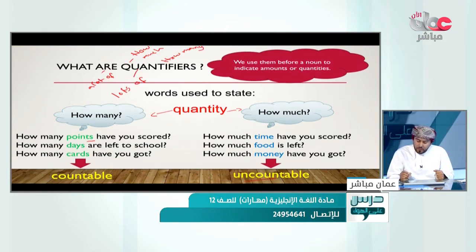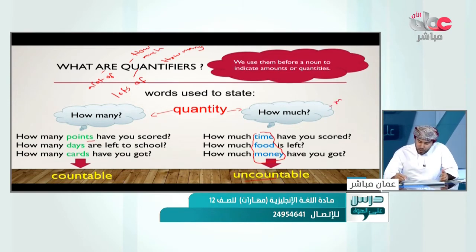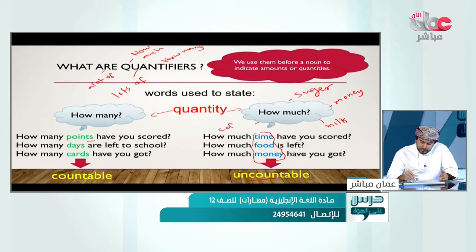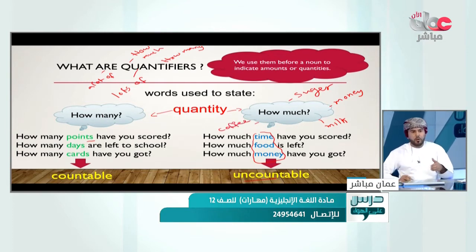Have a look here at the blue words. Like how much. As we said, uncountable means that we cannot count them. For example, money, milk, sugar, coffee. All these words we can't count.